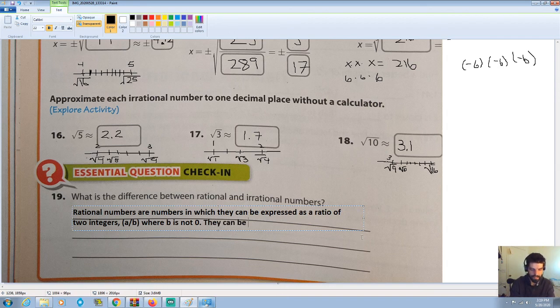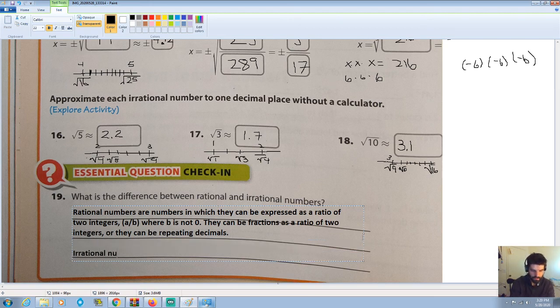They can be integers. They can be fractions as a ratio of two integers, or they can be repeating decimals. Okay, so those are going to be rational numbers.